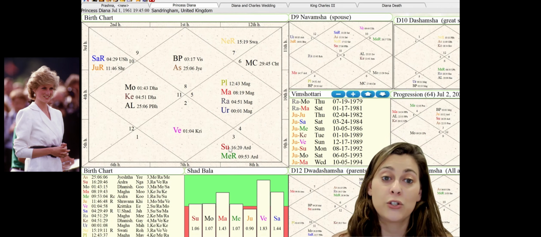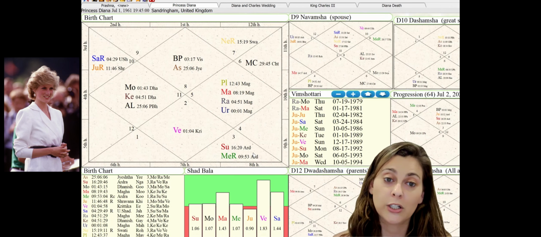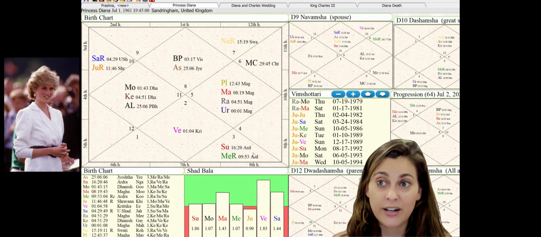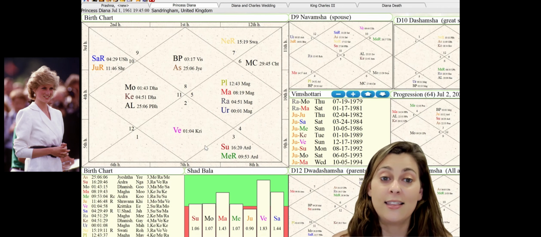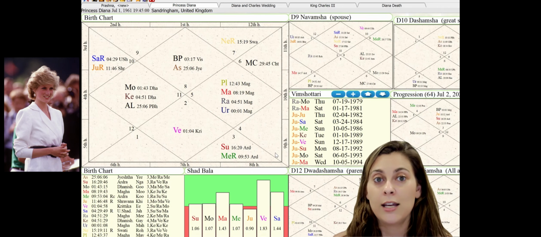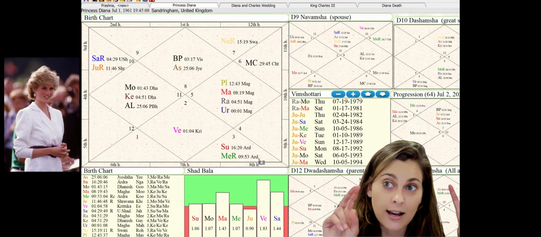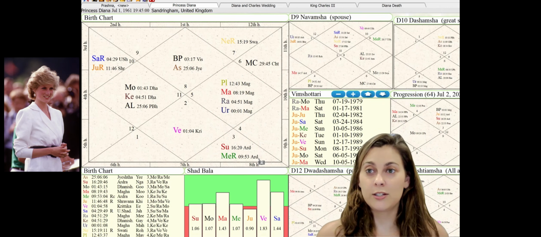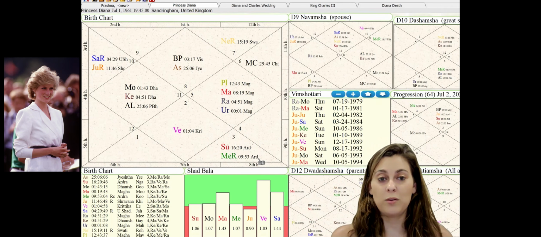Her sun, so her ego self, her vitality, what she is supposed to sacrifice and give this life, is in the 8th house. This is a very intense house. It's a moksha house. It's a dusthana house, a suffering house. It forces transformation, death, rebirth.